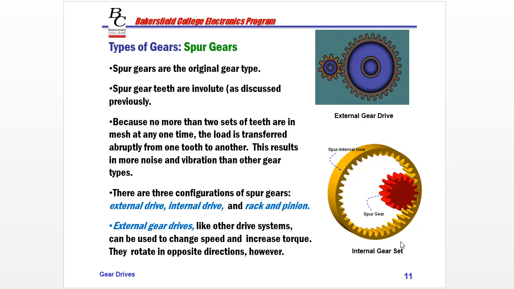So these internal gear sets have external teeth on one of the gears and internal teeth on the other. As you can see, the shaft distance is much farther apart on an external gear drive system, where they're much closer on an internal gear set.